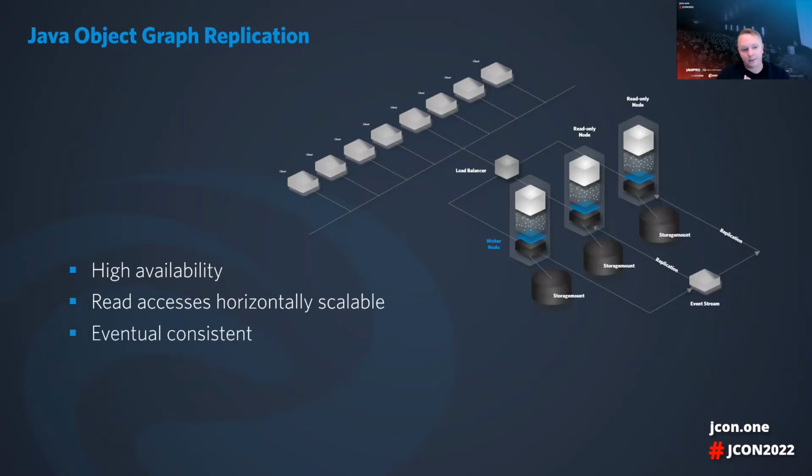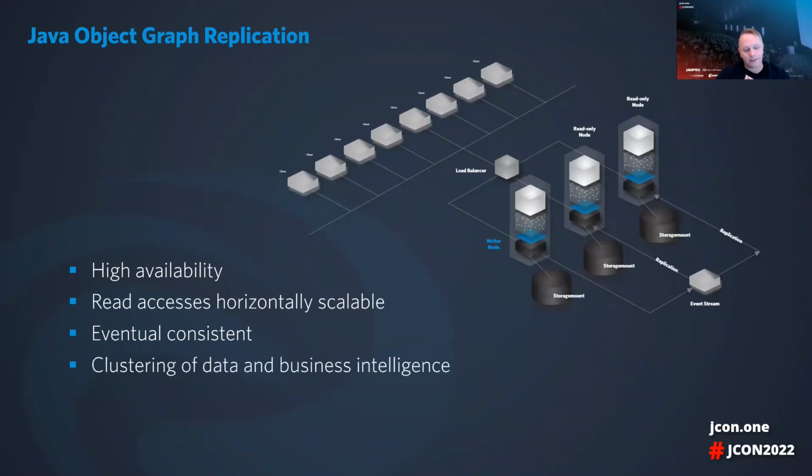The cluster is based on eventual consistency. That means you will not always get the newest data. For example, when you have 10 read nodes, it takes a little bit to replicate all data through all those 10 nodes, so it might be possible that you will get older data in the end.